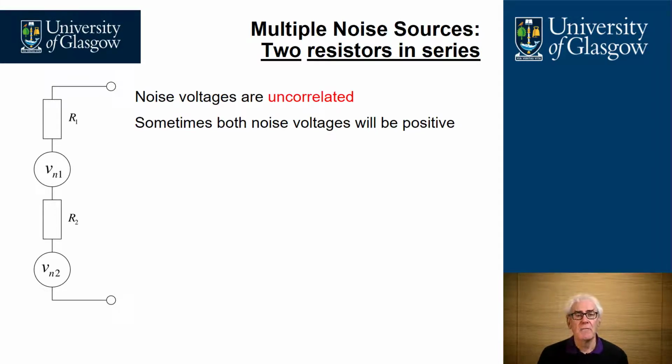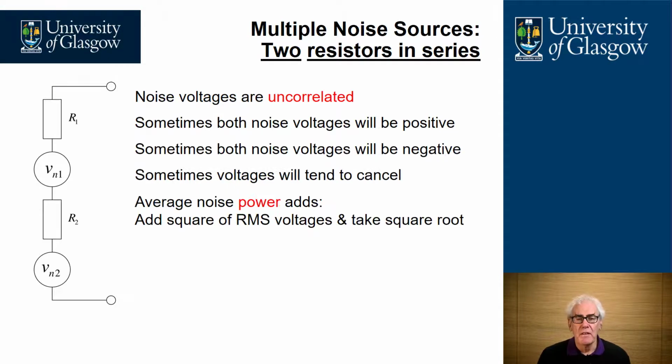And in the case of Vn1 and Vn2, if they were approximately the same value, then we could have Vn1 and Vn2 adding together, or Vn1 and Vn2 cancelling each other. So in this case here, our average noise power from these two add, and the noise power adds.